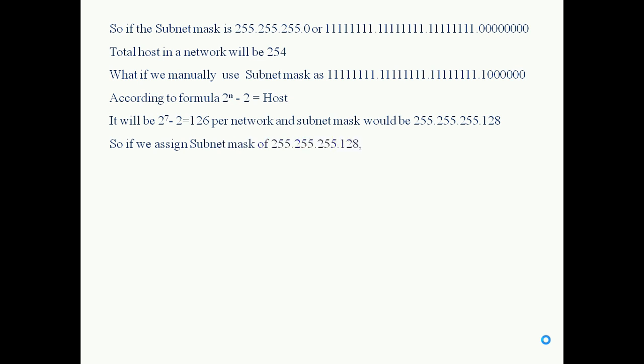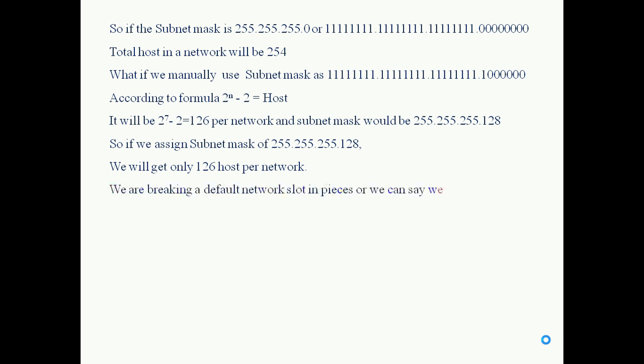So if we assign the subnet mask 255.255.255.128, we will get only 126 hosts per network. We are breaking a default network into pieces, or we can say we are breaking a network into subnetworks. This process is called subnetting.